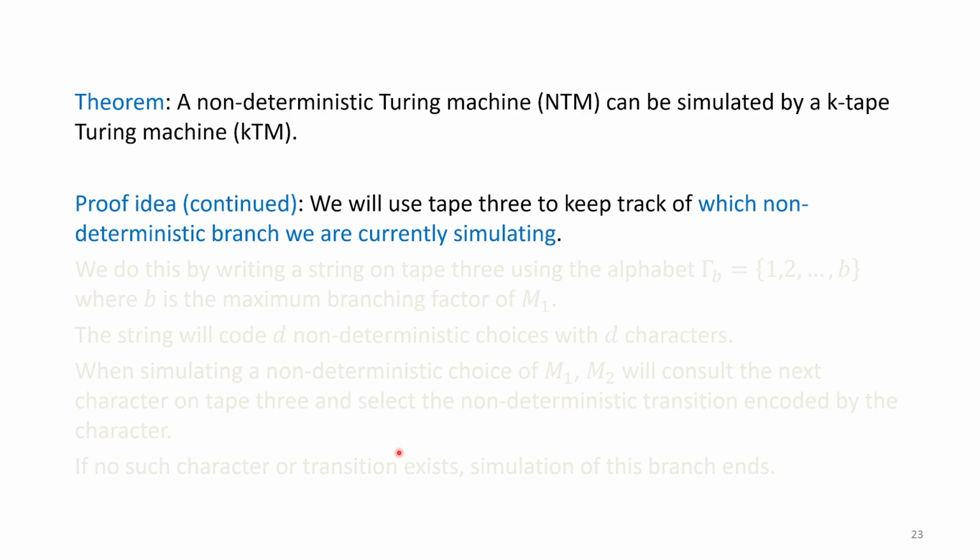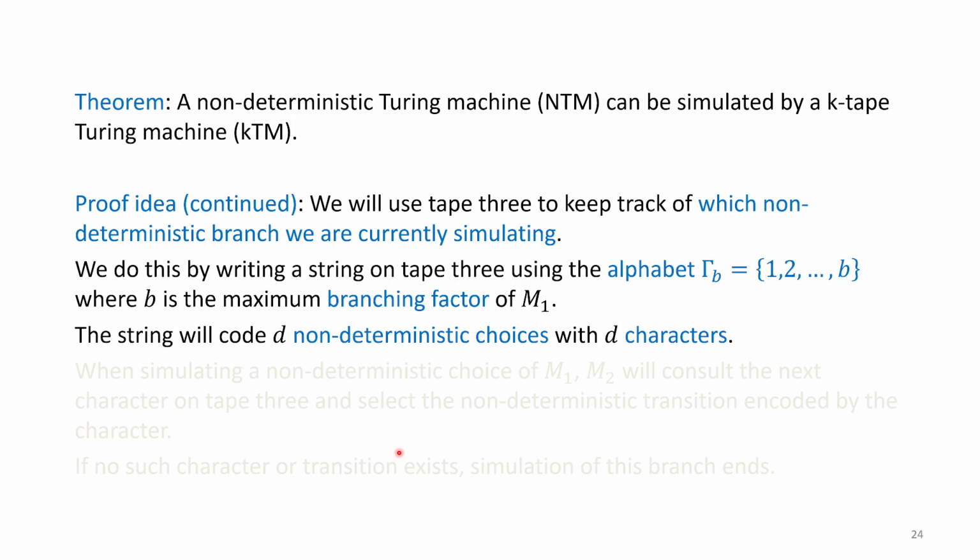Now, that's what I want to talk a little bit more about here. How is it that we're going to be able to do this? So how do we keep track of which branch we're simulating on? So imagine now that we have to keep track of all of the branches, we're going to use symbols in our tape alphabet to do that.